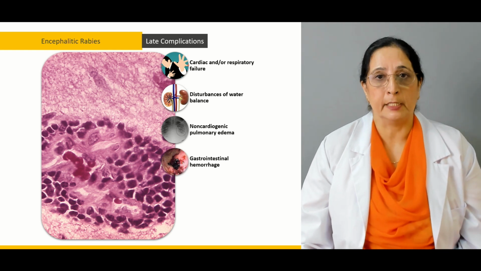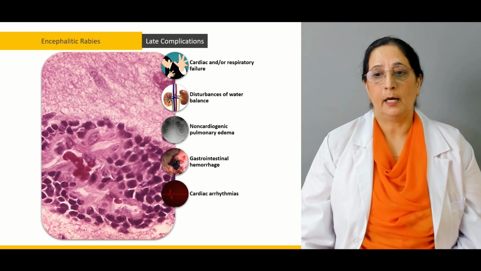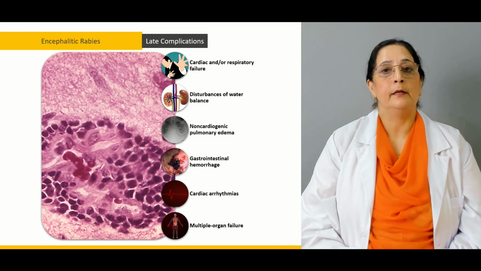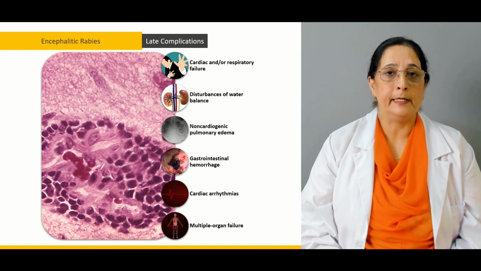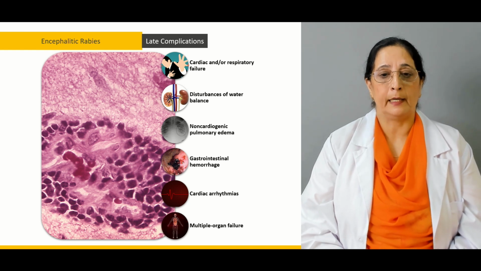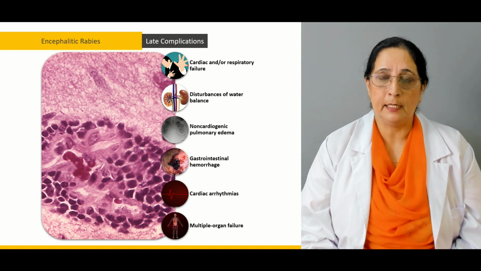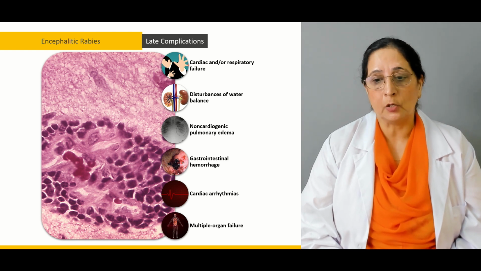Gastrointestinal hemorrhage, bleeding in the gastrointestinal tract, cardiac arrhythmias, multiple organ failure. So you see, rabies has very bad late complications. It can affect the heart, the lungs, the fluid balance, and the kidneys also.